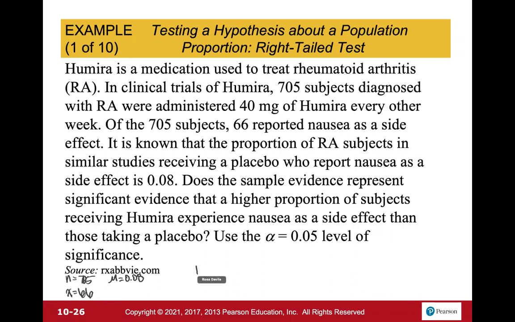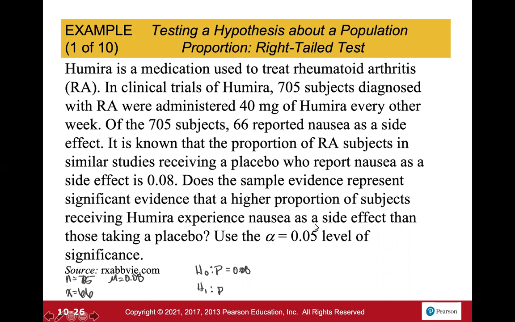That's going to help us with our null hypothesis, H naught, and H1. The proportion is equal to 0.08, because remember, it's always going to be equal to in the null hypothesis, H naught. And H1 is always going to be either less than, greater than, or not equal to.